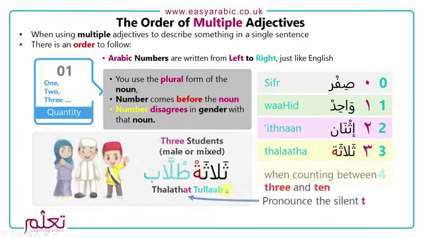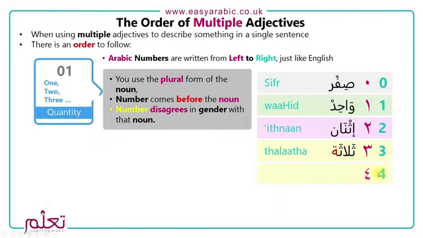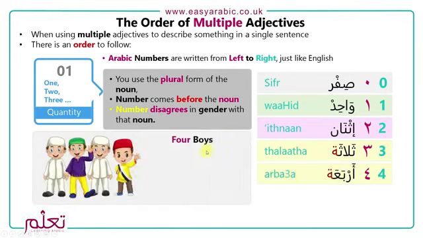Okay, so then we have number 4, which is arba'a. Let's say 4 boys. Boy is walad, and the plural of walad is awlad. So when we say 4 boys, what are we going to add? Exactly. Because this is masculine, we use the feminine form here.